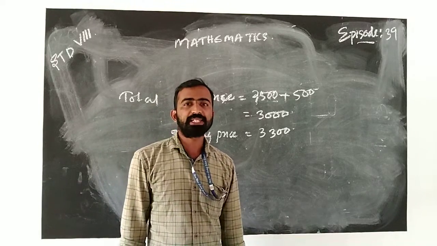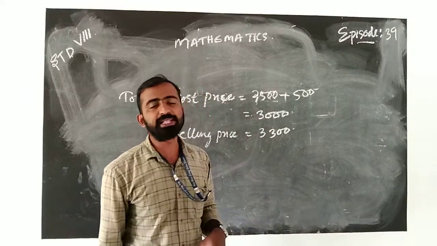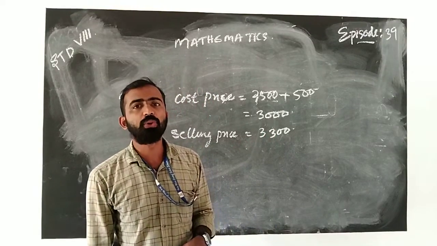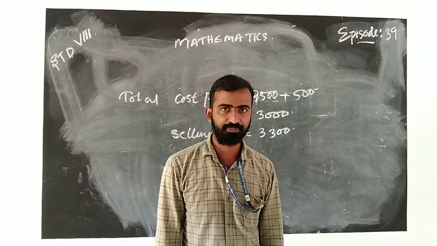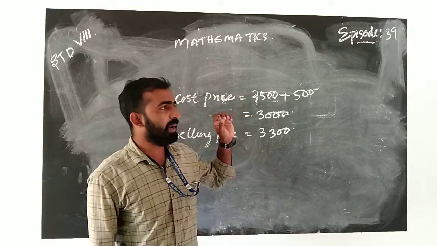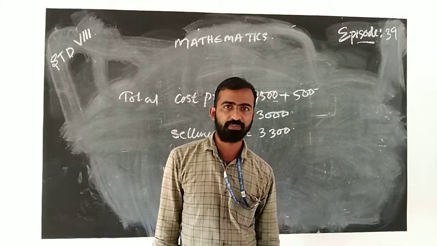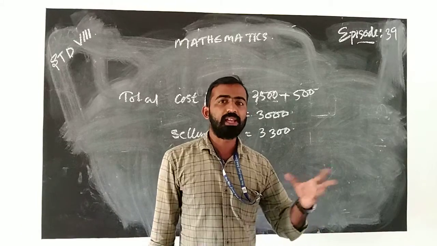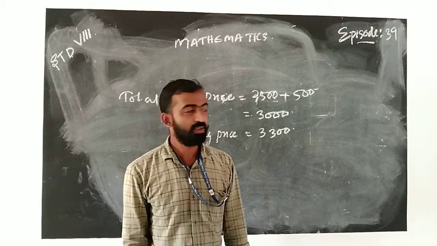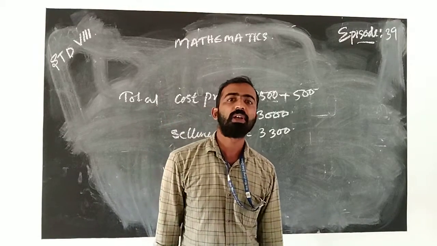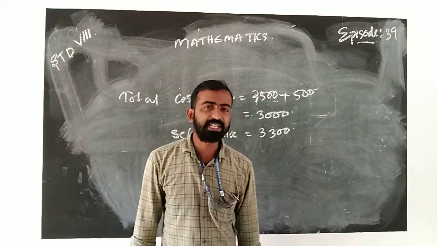Here, the selling price is greater than the cost price. So here Sohan gets a profit. When the cost price is greater than the selling price, then there is a loss.